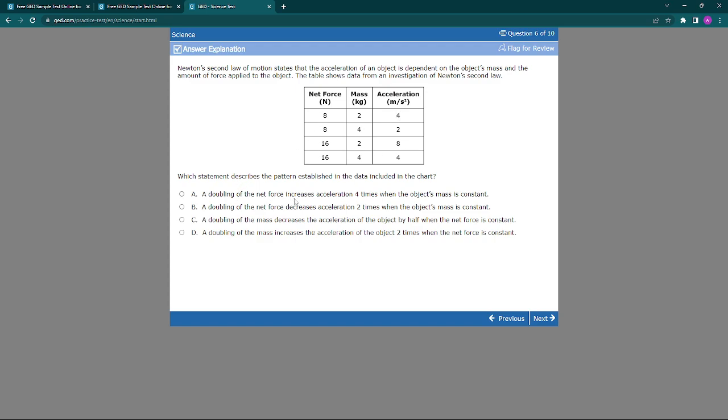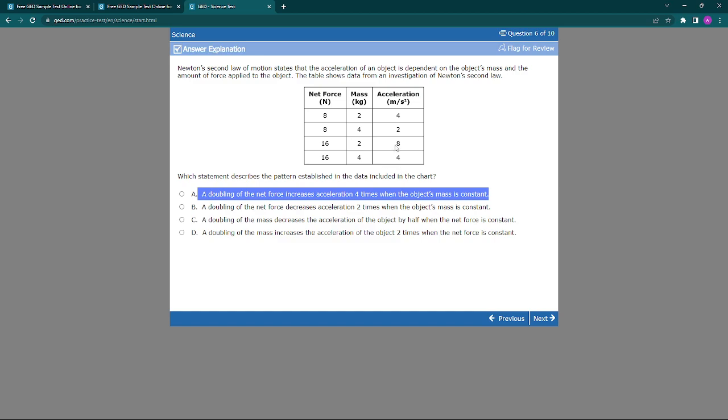But wait, that's only for doubling. If we do 4 and 4, so the mass stays the same, and double the force, that doesn't work, because it's not 4 times, it's 2 and 4.